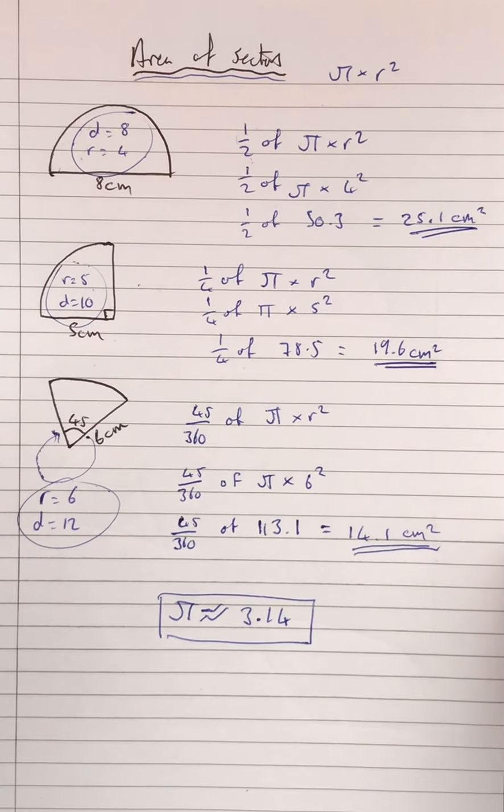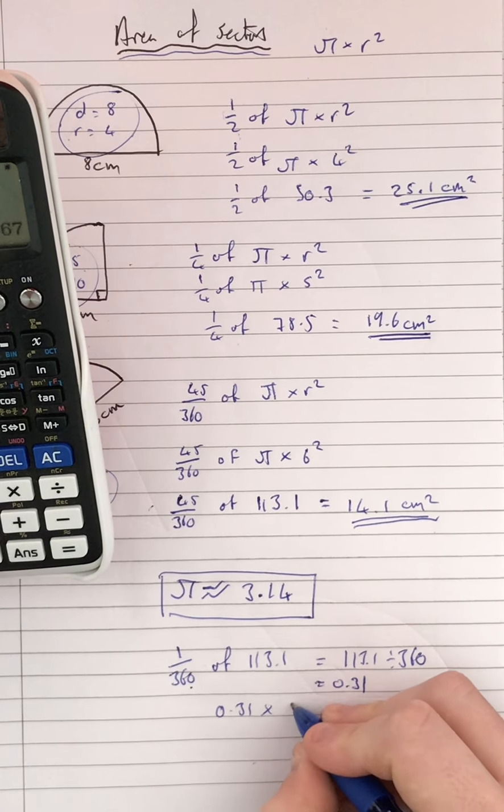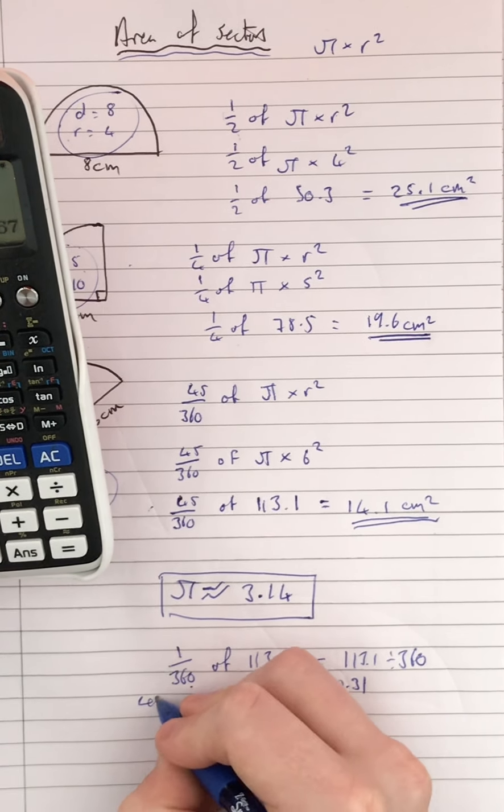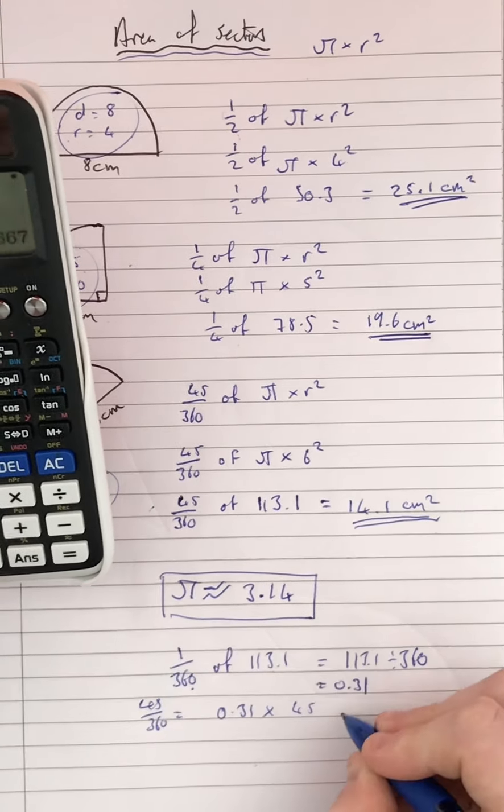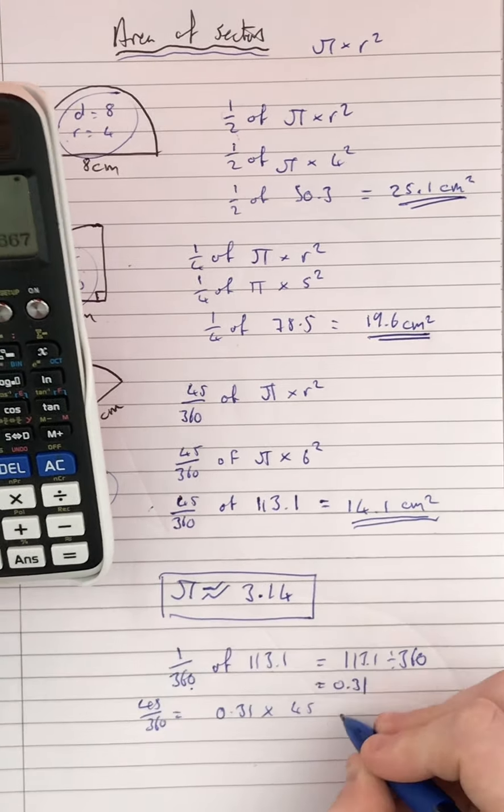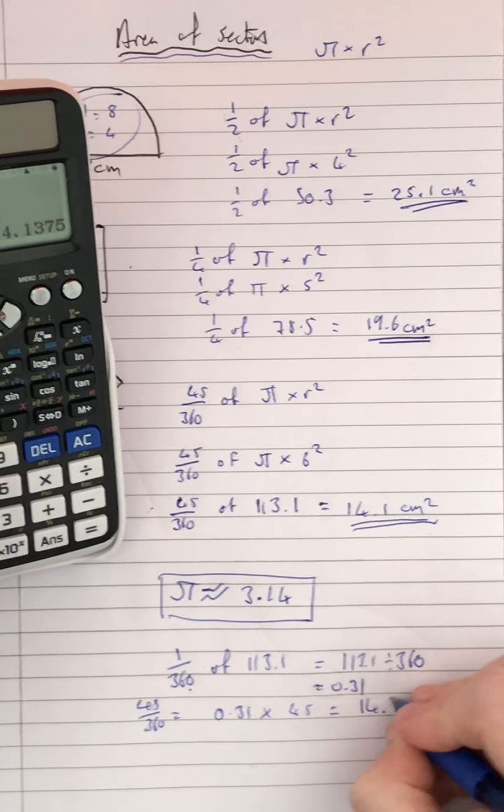And then if we know what 1 360th is, we can just times it by 45 to get 45 360ths. And it gives us 14.1 again.